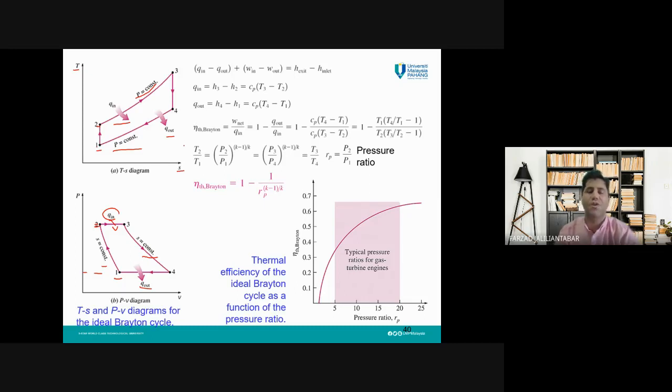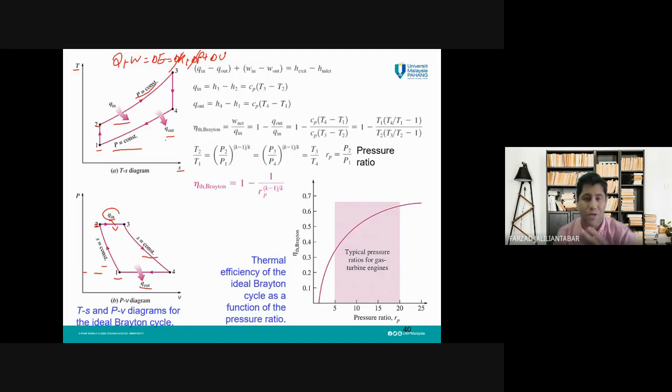Now let's see how we can calculate thermal efficiency for this cycle. Similar to what we had done for the Otto and diesel cycles, we will use the energy balance equation: Q plus W equal to delta E. But here, again, you know that delta E is equal to delta K plus delta P plus delta U. Here we ignore the change in kinetic and potential energy, and we use the air standard assumptions.